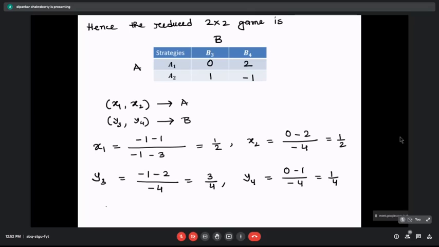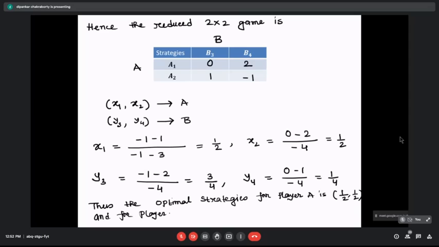Okay, I'm just writing first. Thus, the optimal strategies for player A is half comma half, and for player B is, this is very important because here we are considering only y3 and y4, there is y1 and y2 0.